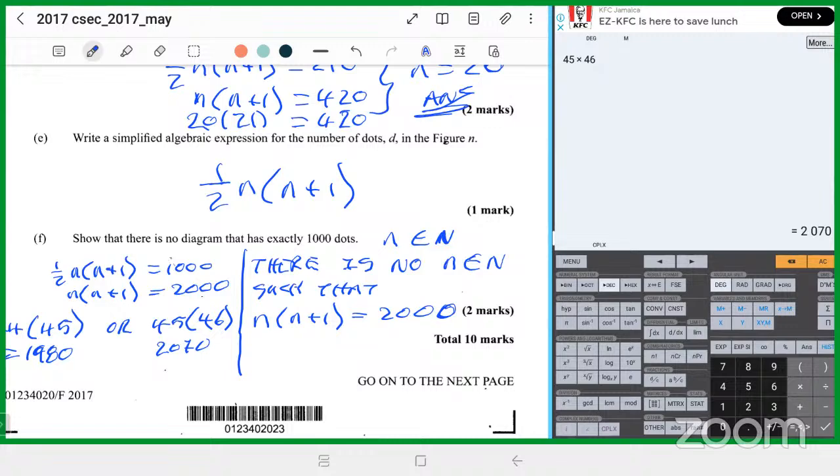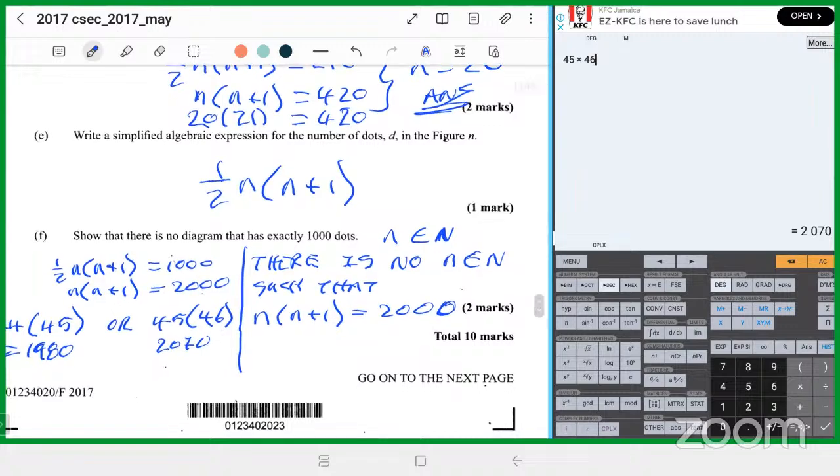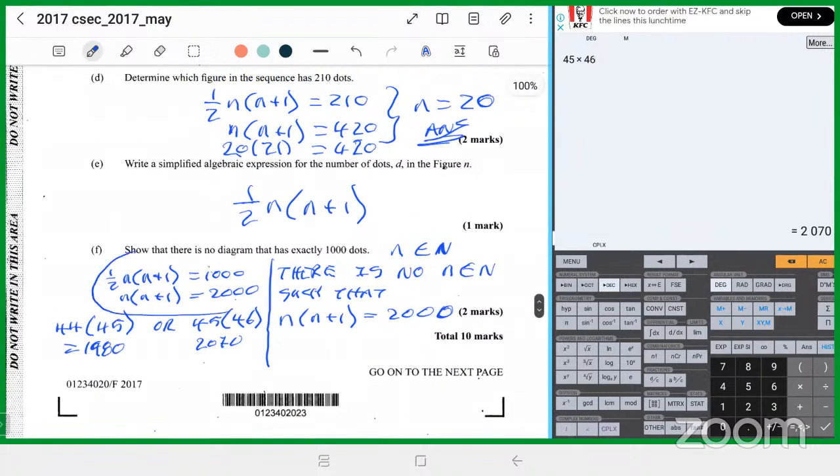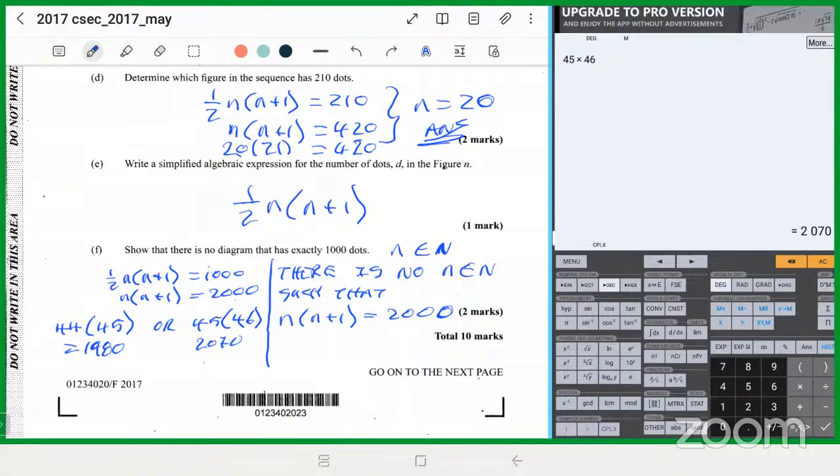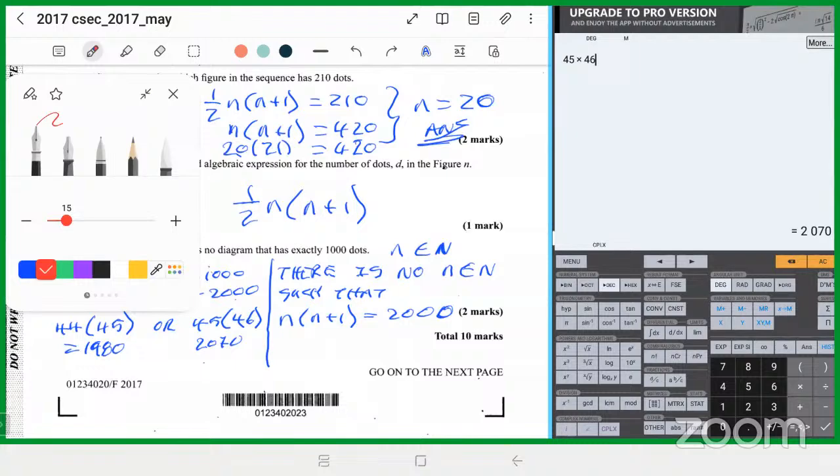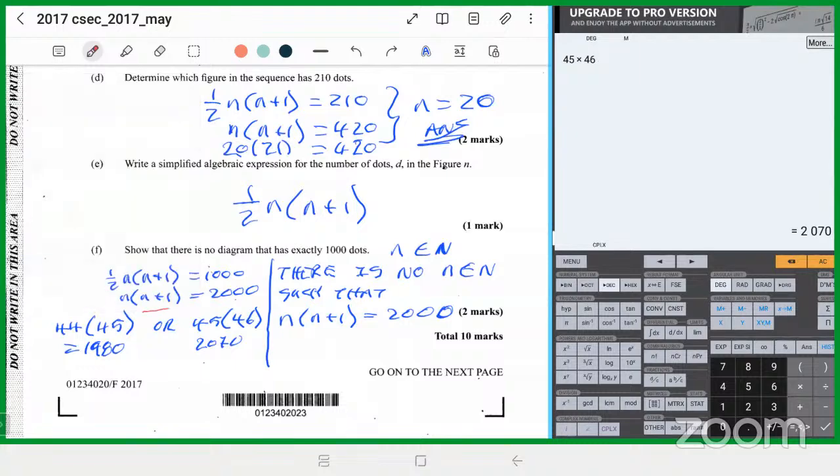So basically saying, look, I'm trying to find the value of n that will make this equation equal to 1,000. Get me? So when I reduce it, it came down to n times n plus 1 equals 2,000. That's a product of two consecutive numbers that must equal 2000, and those two numbers must be whole numbers.